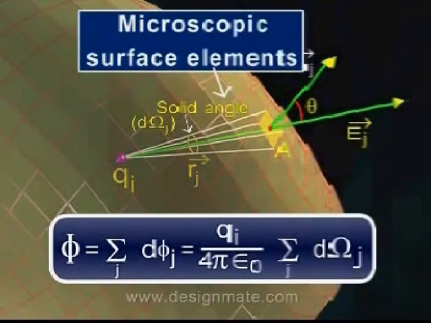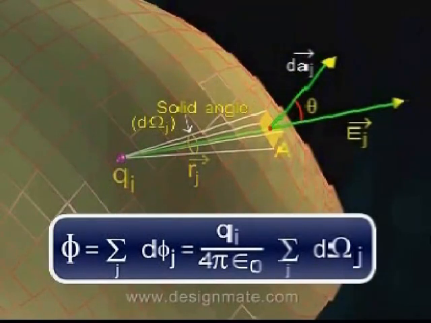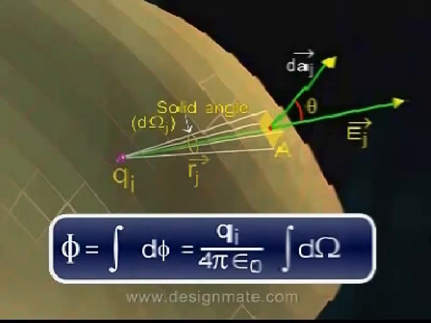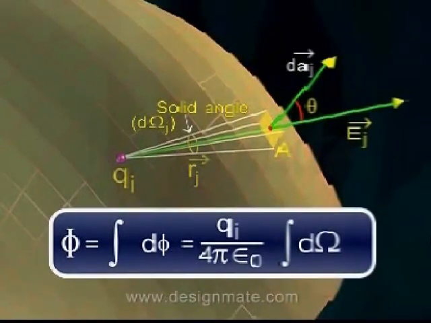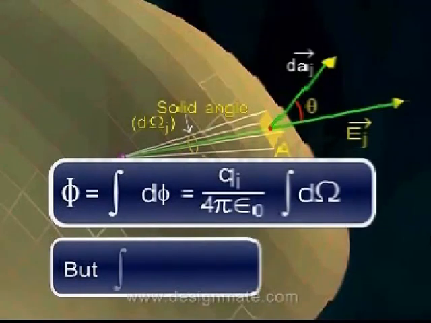Writing this summation for the microscopic surface elements in the integral form, phi is equal to integral d phi is equal to Qi upon 4 pi epsilon 0 into integral d omega. But integral d omega is equal to 4 pi.